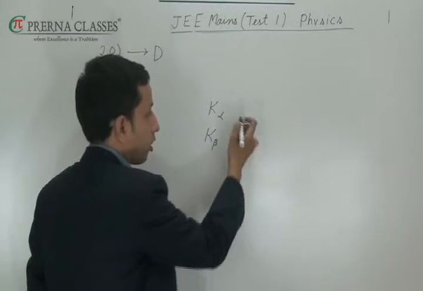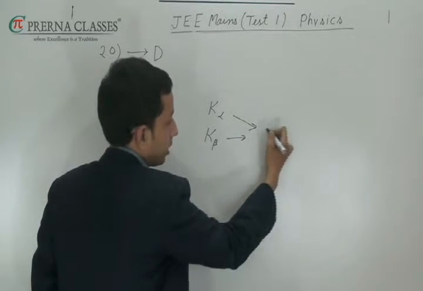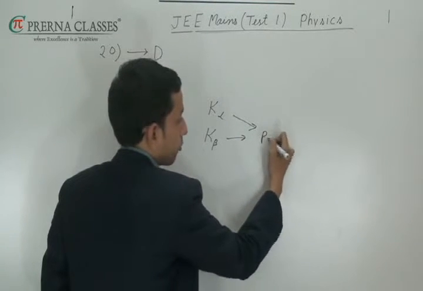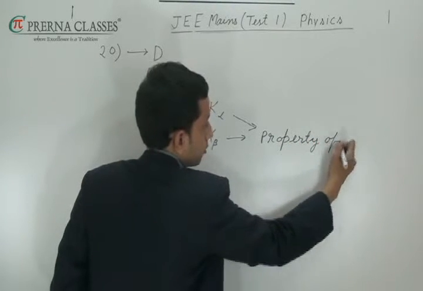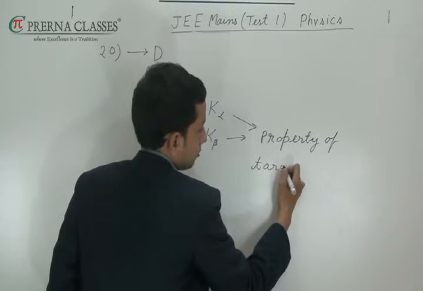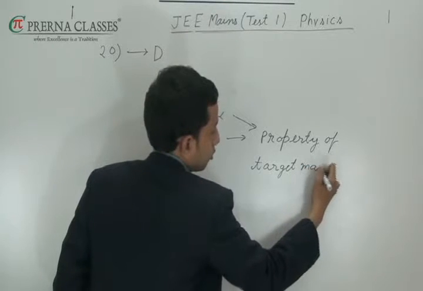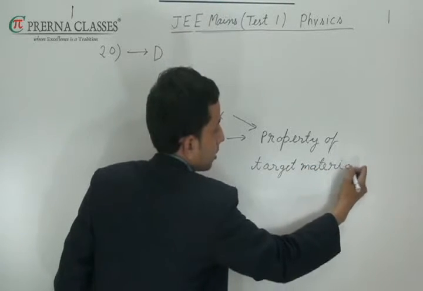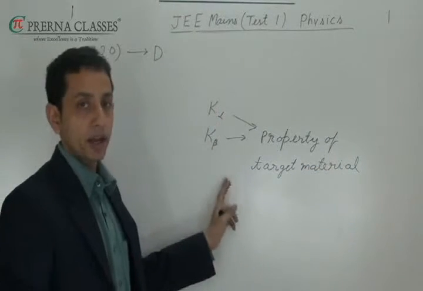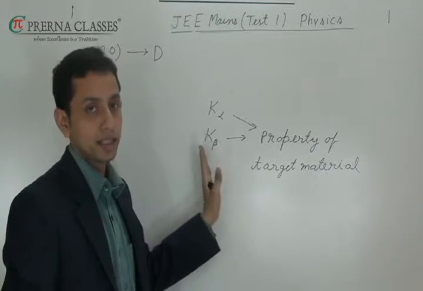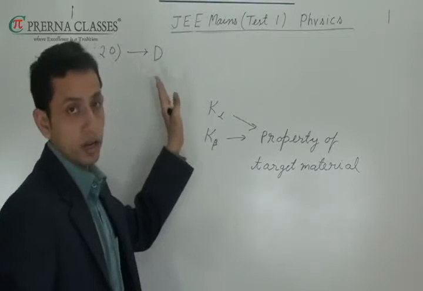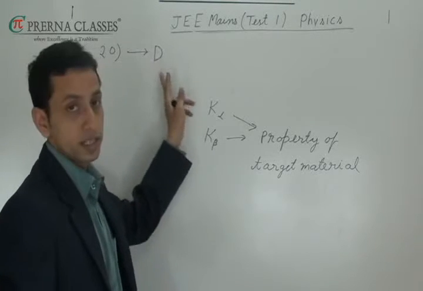These are properties of the target material. So whatever potential we apply across the Coolidge tube, that is not going to affect the K alpha and K beta lines. So our option will be none of the above, so option D.